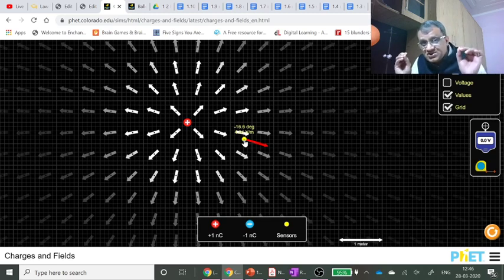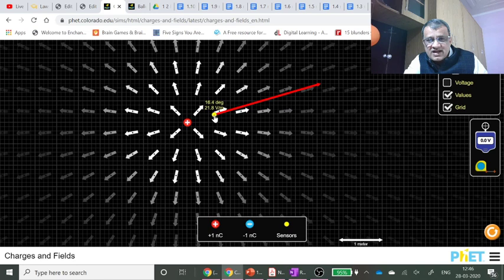So this is crucial. Even though I'm getting you into stories, what we are talking about is serious business. This sensor is giving you the bigger the arrow, the larger the magnitude, and you can see those values there. Right now, do you see 21.8? We will talk about the unit later. Now you see 2.57.